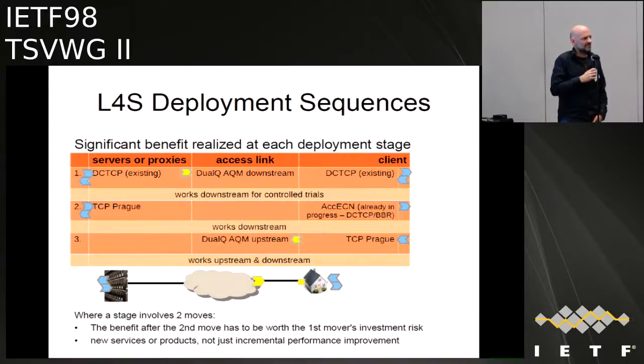If you have two bottlenecks in a row using dual queue, interesting things happen because the congestion marks for the low latency queue go through the wrong queue at the second bottleneck. And that's not a debate to have now, but rather we will need to pay careful attention on the deployment guidance and the experimentation to see whether this is a real problem and under what deployment scenarios we can control it if it is a real problem. Yeah. Okay. That's a good point.